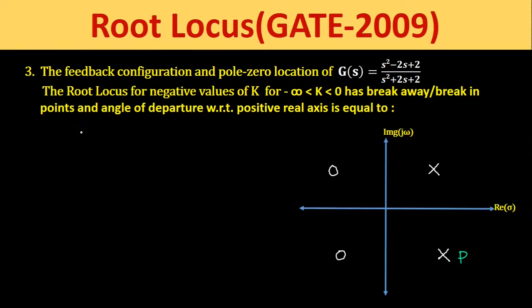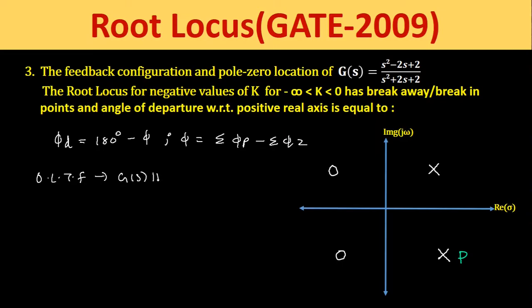Now we have to find the angle of departure. The formula for angle of departure is φd = 180° - φ, where φ is equal to Σφp - Σφz. Now from this equation, if we find the open loop transfer function of the system, it will be given by G(s)H(s).